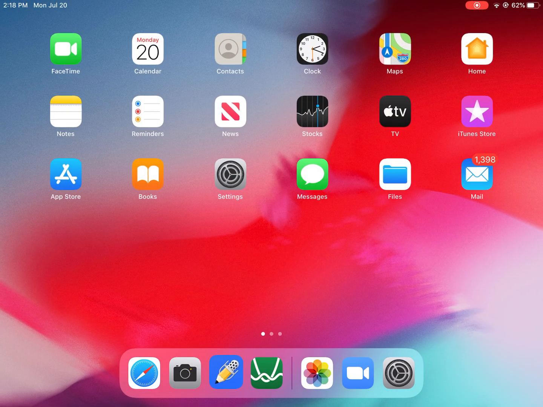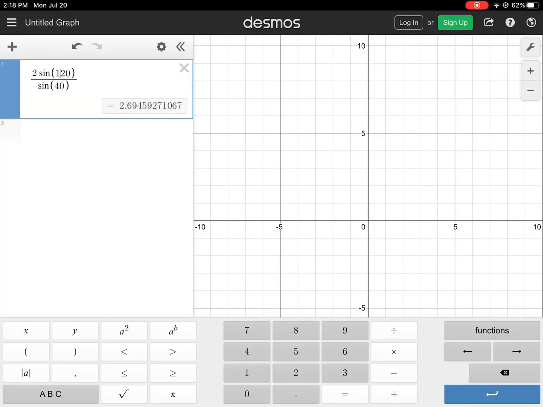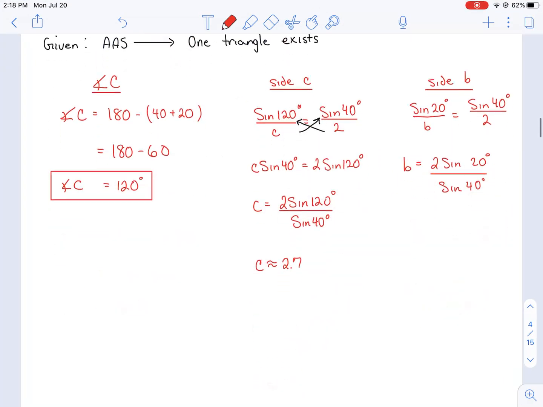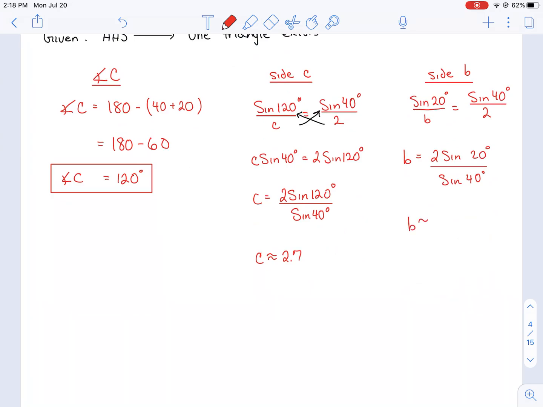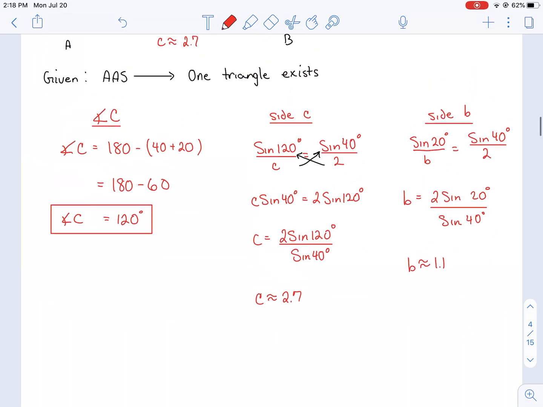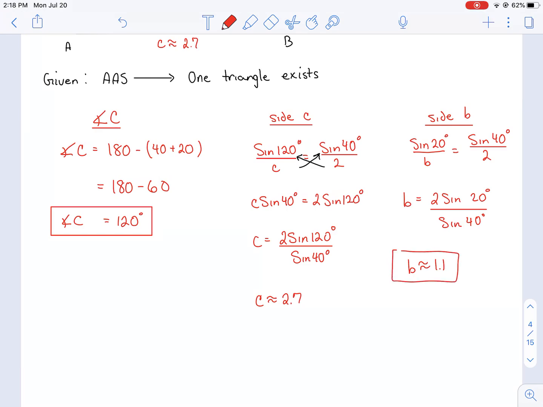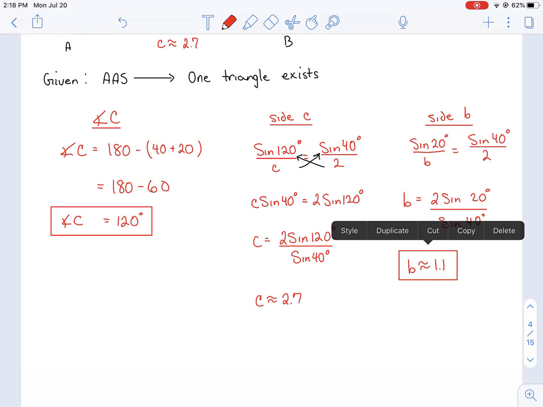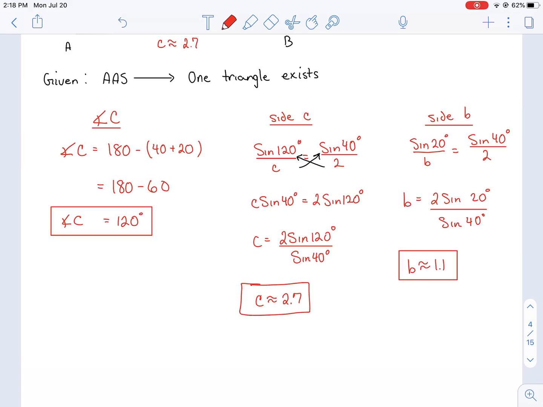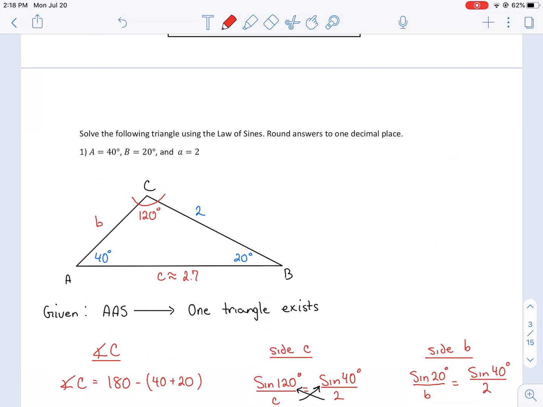So going into Desmos, that's approximately 1.1. Okay, so B is approximately 1.1.